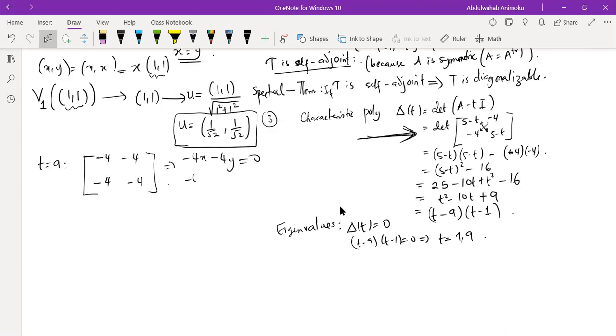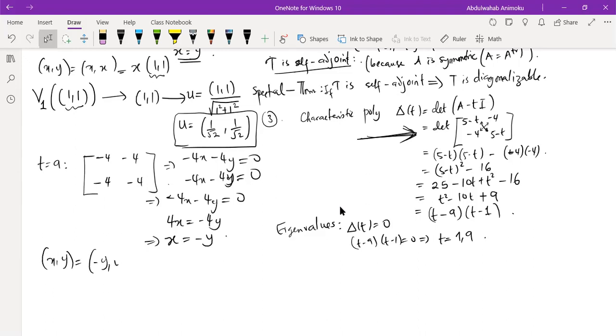We have the same equation in the second row, so we can just use one of them. So minus 4x minus 4y equal to 0, which means 4x equals minus 4y, which means x is equal to minus y. Now, what does that give us? The solution set would give us x is minus y, and we have y here. So we can take y out, that will be (-1, 1).